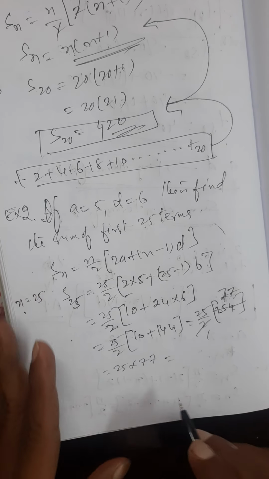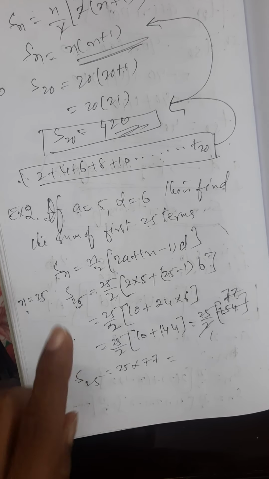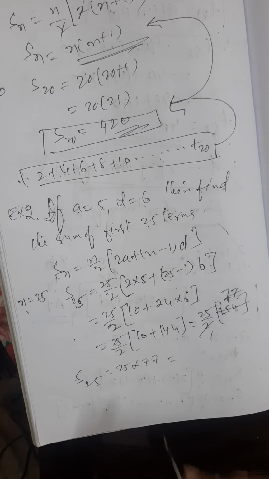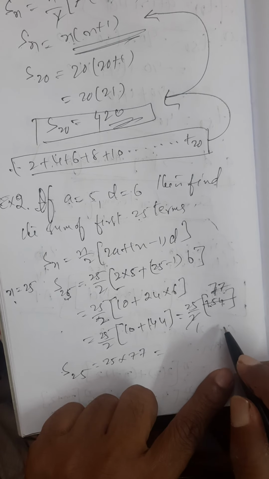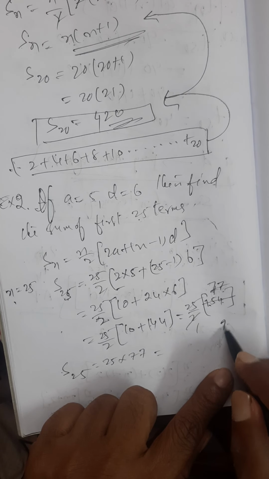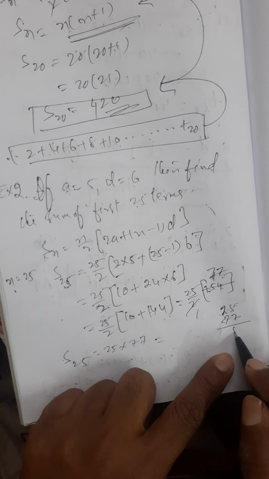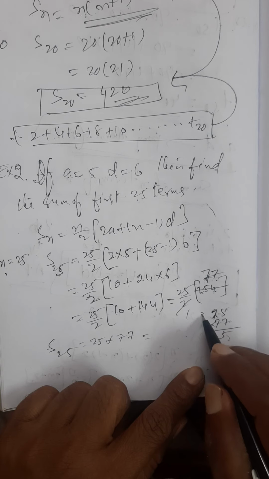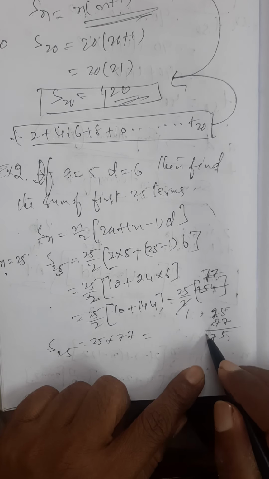So multiply it, you will get the sum of first 25 terms of this series, whose first term is 5 and common difference is 6. Otherwise you have to multiply like this, 25 with 77. 7 5s are 35, 3, 7 2s are 14, 17.